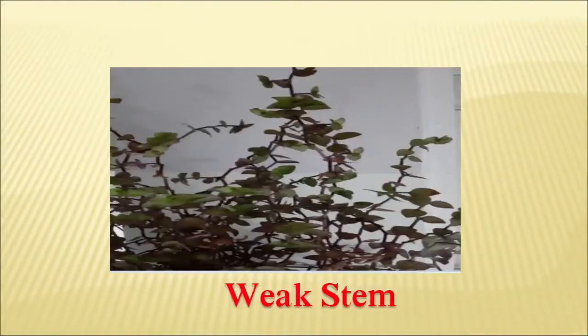So, this is how stem perennates or saves itself from the harshness of the weather. Now, what you are seeing are stems which are generally weak, they can't stand erect and they spread on the ground or they hang downwards.